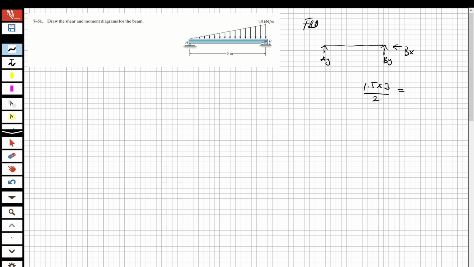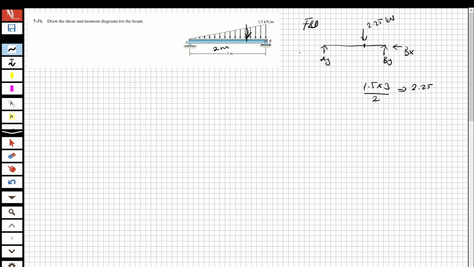So this is going to be equal to 2.25, but it's going to apply at 2/3 of this beam, so at 2 meters. It's going to be, for example, at this point, 2.25 kilonewton as the force.